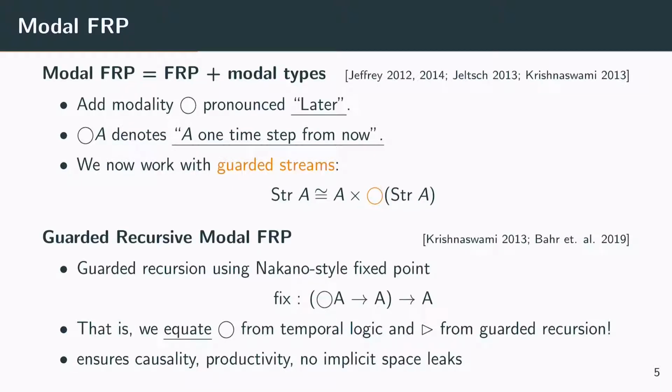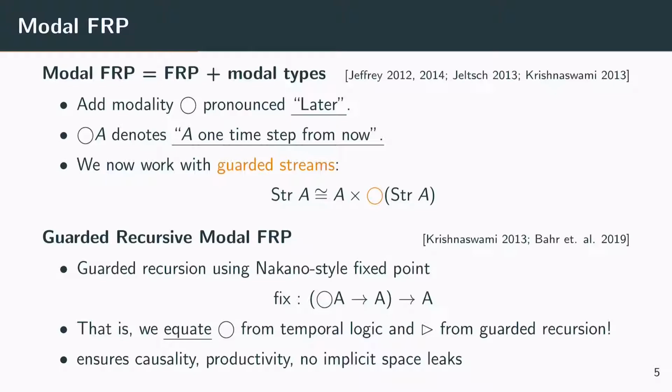So this is then combined with guarded recursion. So the idea is to add a guarded fixed point combinator fix that takes a function of type later A to A, to produce a fixed point of type A. So the way that this works is that we essentially equate the circle modality from temporal logic with the triangle modality from guarded recursion that is usually used in this guarded fixed point combinator.